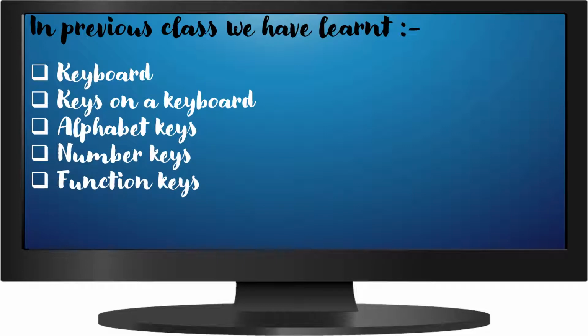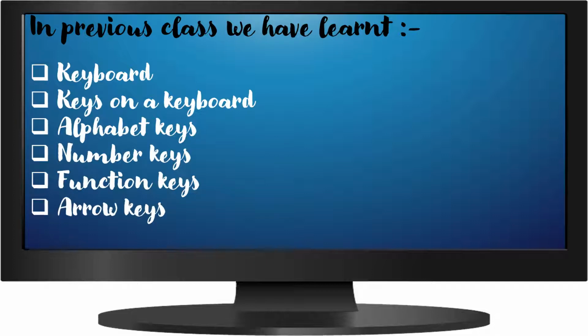Function keys. The keys above the number keys marked with F1 to F12 are known as function keys. Each of these keys is used for a special function. Arrow keys. The keys marked with up, down, right and left arrows are known as arrow keys.